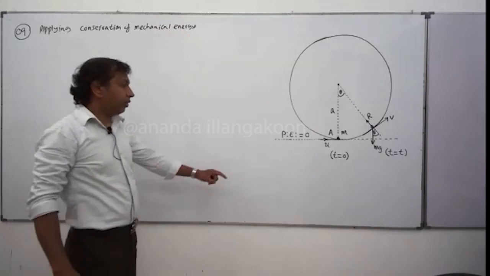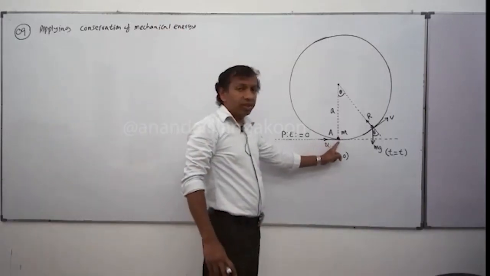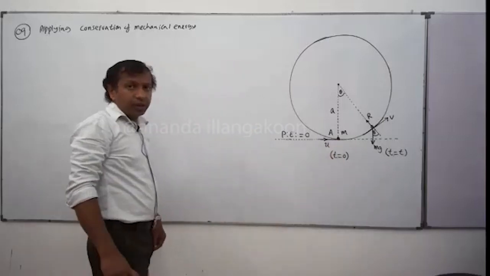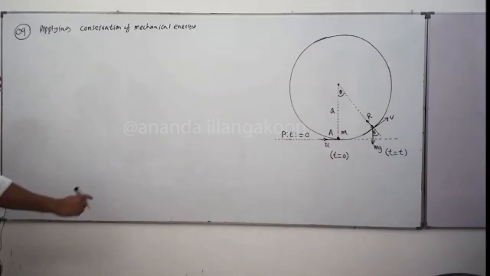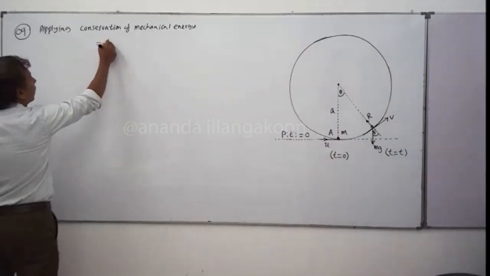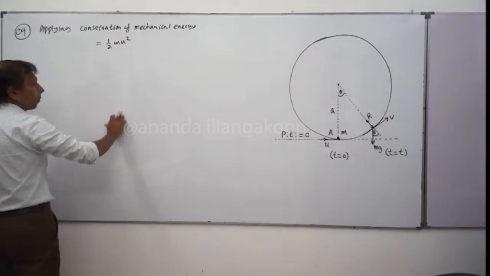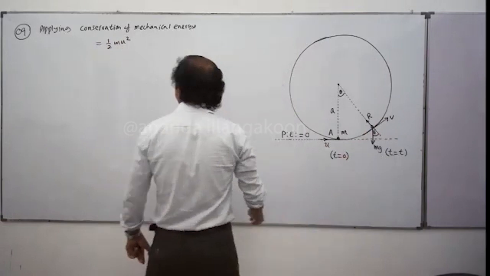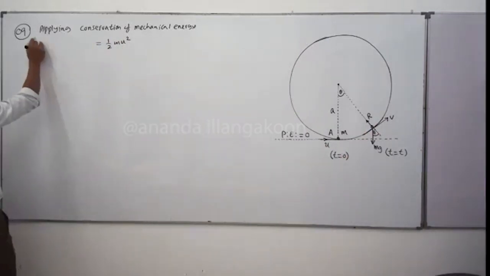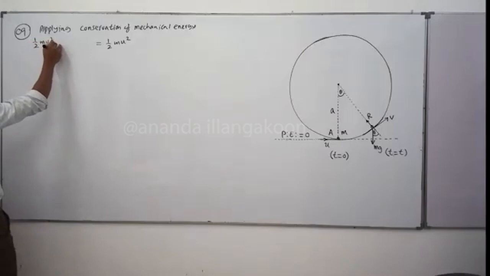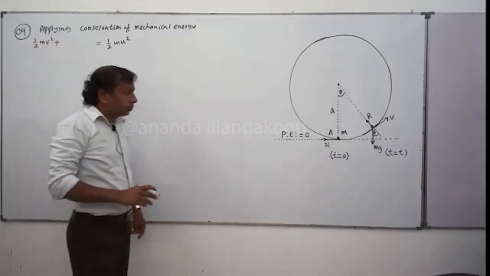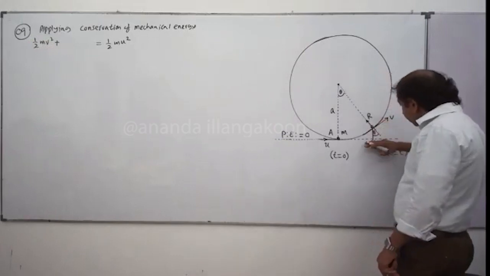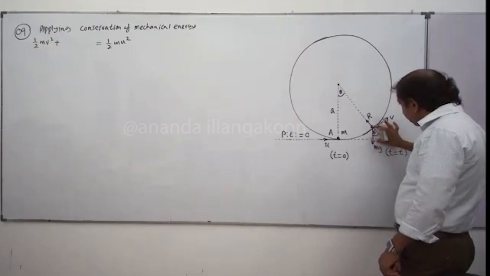Here there is no potential energy because this is the level of zero potential energy. Then it has only kinetic energy, half m u squared. Kinetic energy half m u squared plus, this position is above the zero potential level. We need this height.